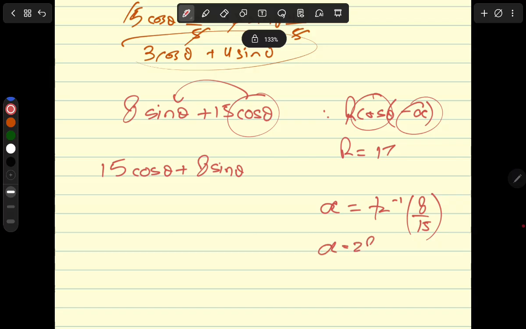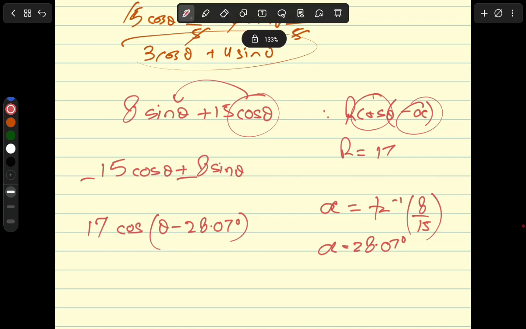So alpha is 28.07 degrees. So I can rewrite this as 17 cos, and because these both are plus, I will have to put a minus here, theta minus alpha, which is 28.07 degrees, right?